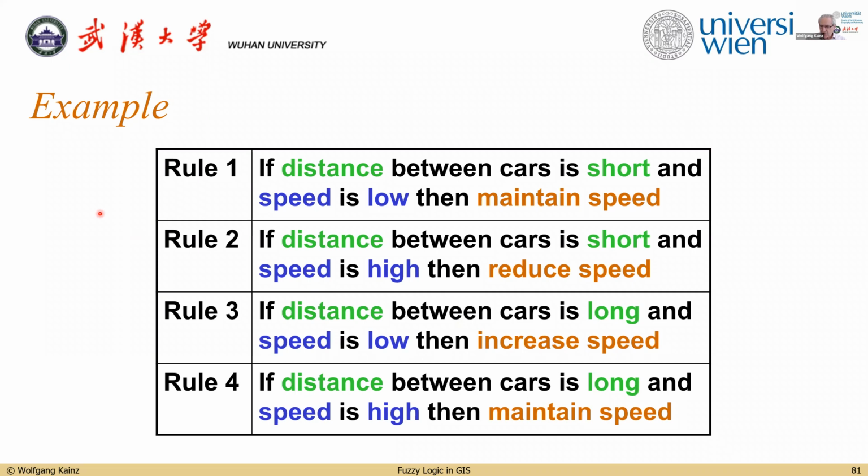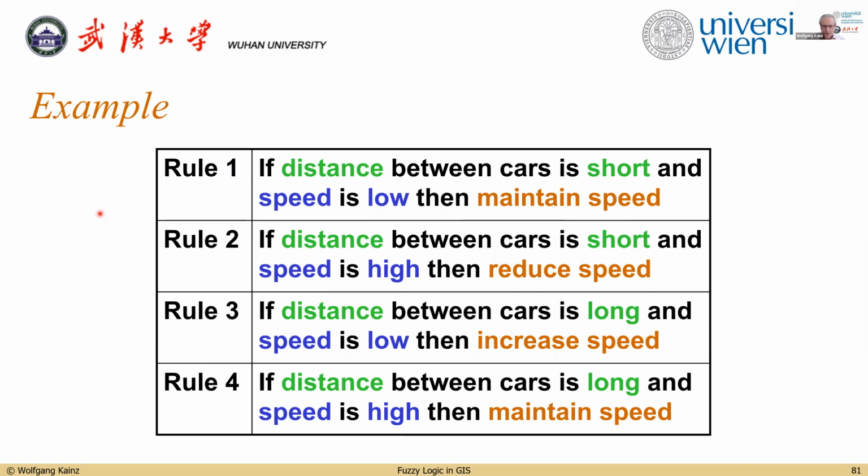So with these variables, we have now 4 rules. Rule number 1 says if the distance between the cars is short and the speed is low, then maintain the speed. Rule number 2 is if the distance between the cars is short and the speed is high, then reduce the speed. Rule number 3 said if the distance between cars is long and the speed is low, then increase the speed.